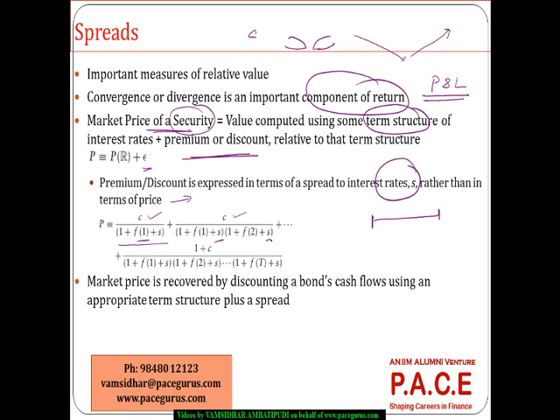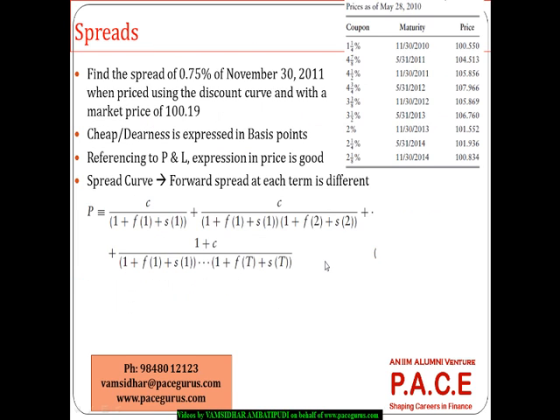But for each period, we are adding some kind of a spread in such a way that the market price is recovered by discounting the bond's cash flows using the appropriate term structure plus a spread. Probably with an example, it becomes more and more easier for us. Now let's say this is the example that I am taking.